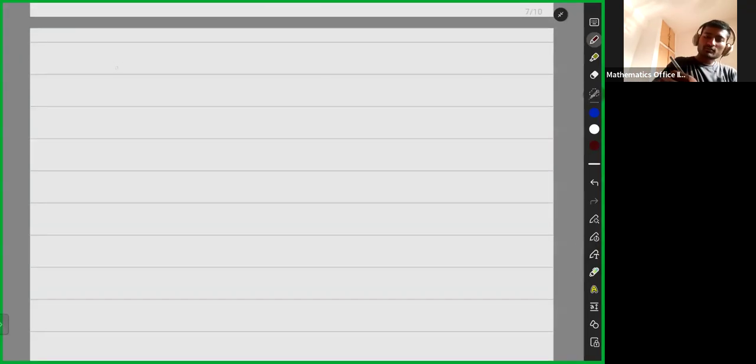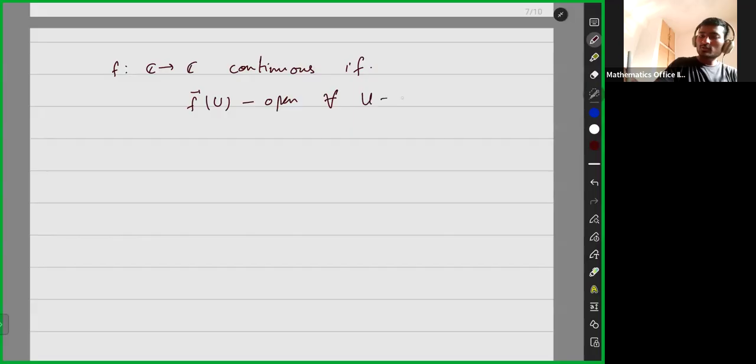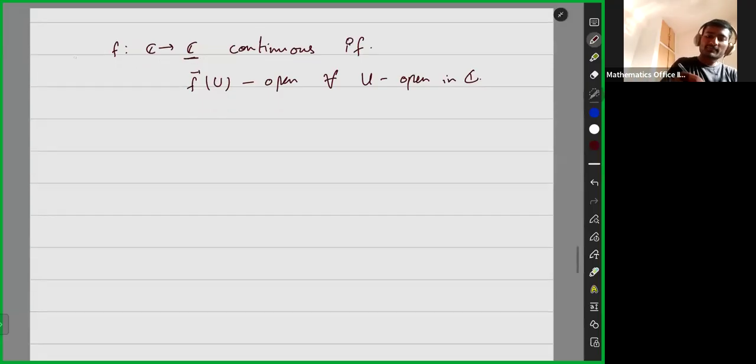So f from C to C is continuous if f inverse of U is open for every open U. Whenever U is open, the preimage of an open set is open. This is one way to state the definition of continuity. Another way is when z_n goes to z naught, since we are in complex numbers.